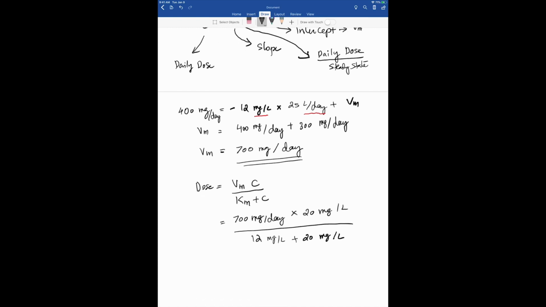So you do the math and you'll get the final answer as 437 milligrams per day. That is the dose that is required in order to get a steady state of 20 milligrams per liter.